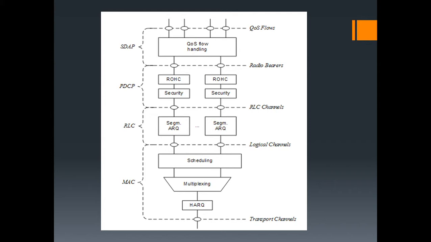So QoS, quality of service, is very important, and that is where service data adaptation protocol plays a significant role in 5G. And the ARQ and hybrid ARQ are already there in previous implementations of wireless, like hybrid ARQ is there already in LTE.